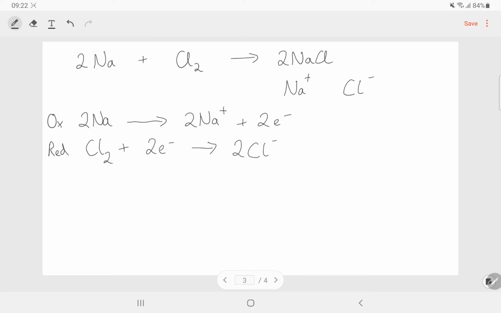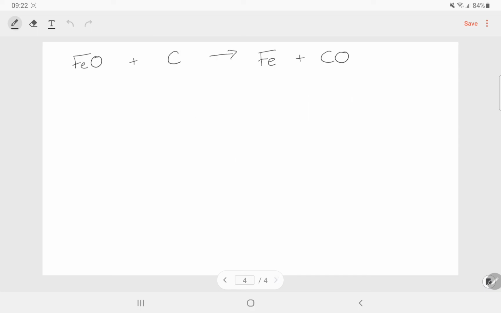For the last one, this is a little bit trickier. In this one, we have 3 elements going on. All the others we've just had 2, which means we need to think a little bit about what has been oxidized and what has been reduced. Now, it's a little bit easier to work out on this one because the carbon has gained an oxygen over here. So we know our carbon must have been oxidized.